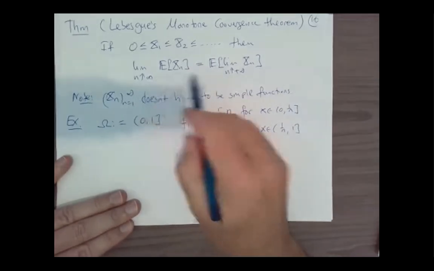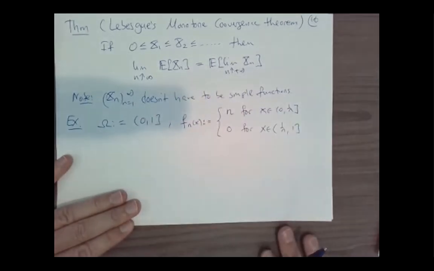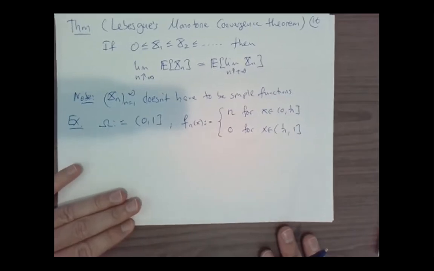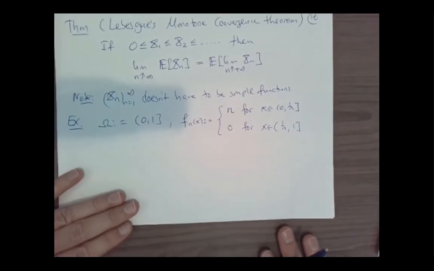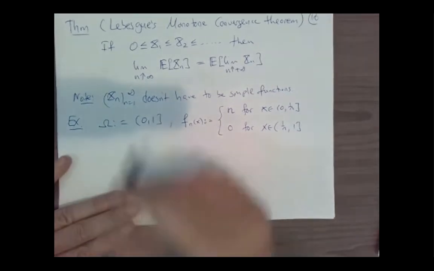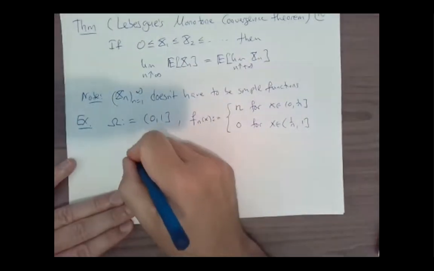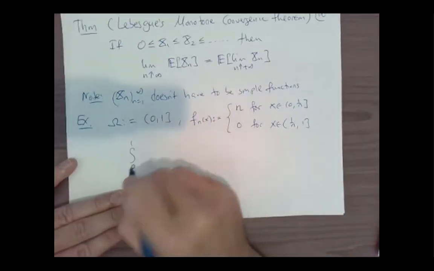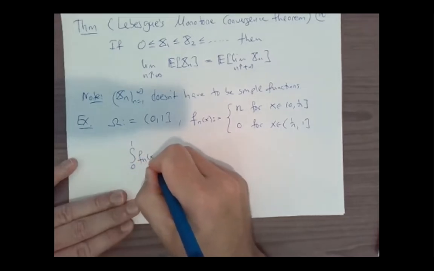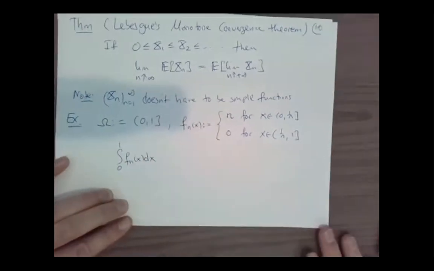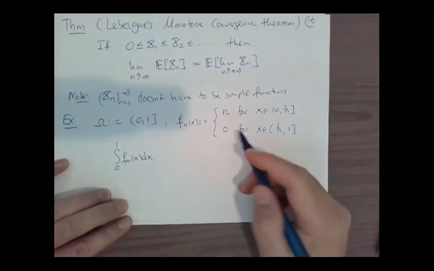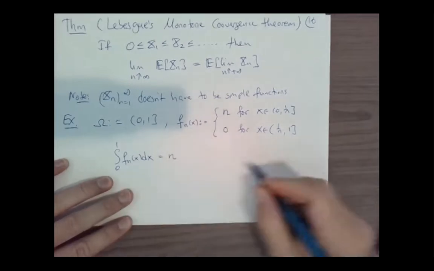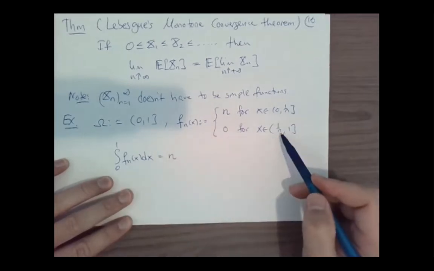And so then I could try Lebesgue's monotone convergence theorem here and see what I would get. So if I were to, on one hand, look at the integral from 0 to 1 of fn of x, this would be equal to n when I'm small, and I'll have a 0 when I'm big.